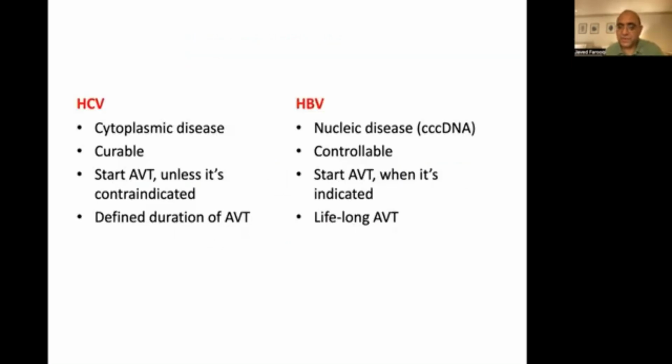We did see what's the difference between hepatitis B and hepatitis C. We know because hepatitis B is a nucleic disease, it's only controllable, and antiviral treatment is not started in each and every patient. Rather, it is started when it is indicated, and once indicated, it's a lifelong antiviral treatment.